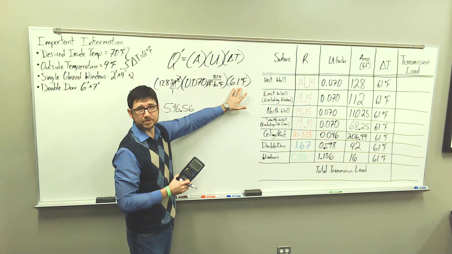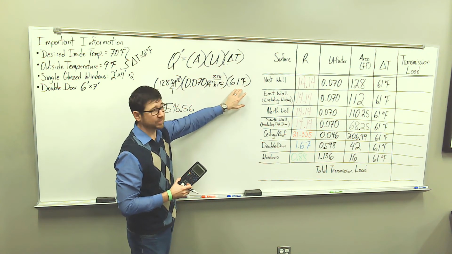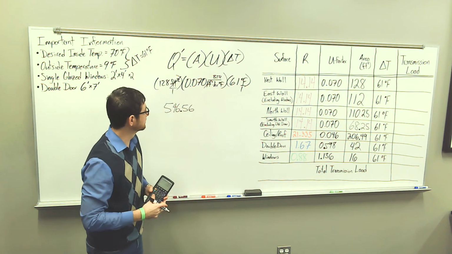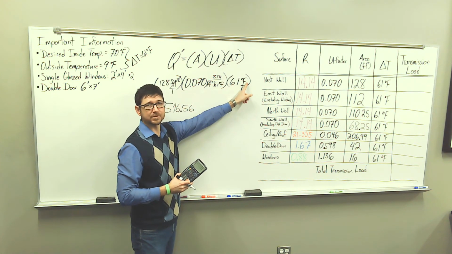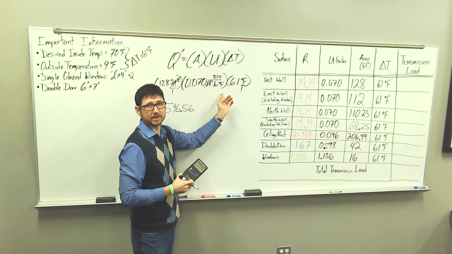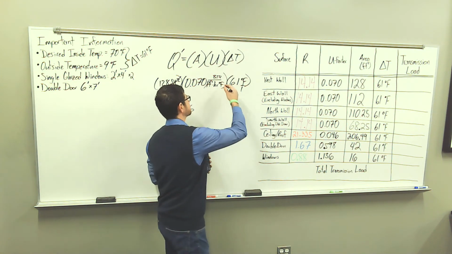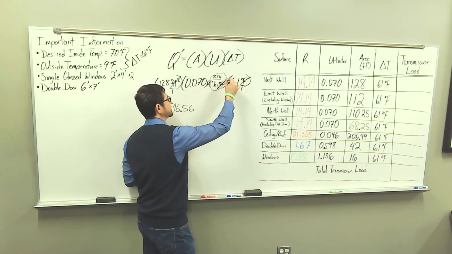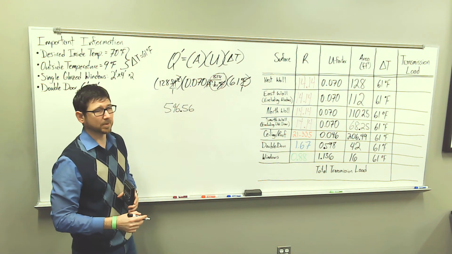Over here, for our temperature difference, we have degrees Fahrenheit, and this is degrees Fahrenheit over 1. So I have degree Fahrenheit in the numerator and in the denominator. That will cancel and leave us with units of BTUs per hour.